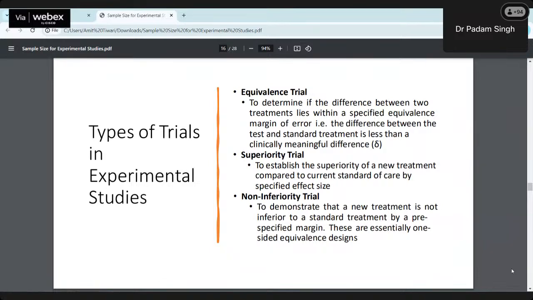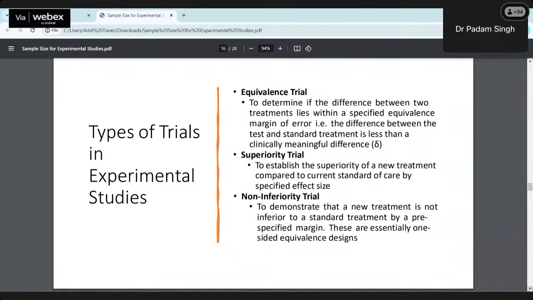If the costlier treatment has the cure rate of 65% and the cheaper one, so-called inferior one, is say 62%, so we will say कि ये non-inferior है, if it is within that limit.